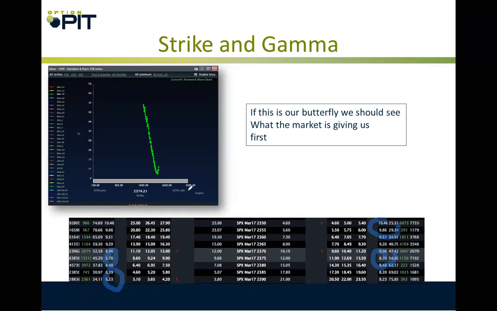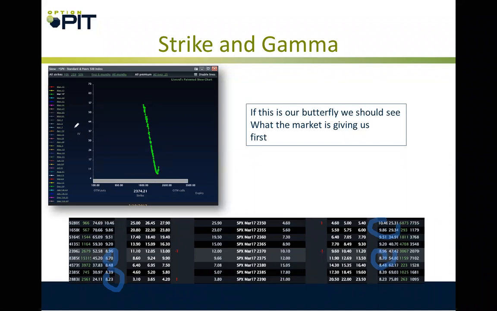Now, do you guys see this green line that's very, very steep? This is basically just showing you what all the different volatilities per strike are on this curve, right? Now, what's one thing you notice about this line?